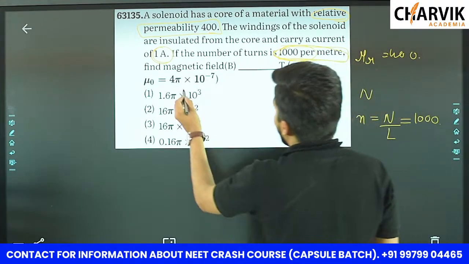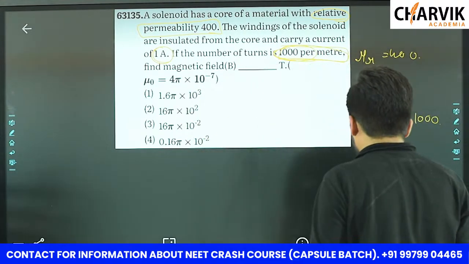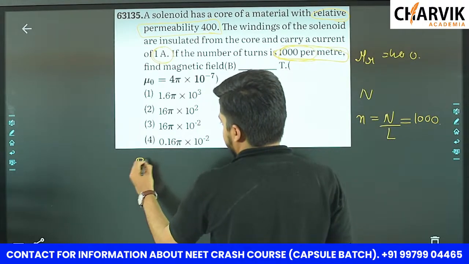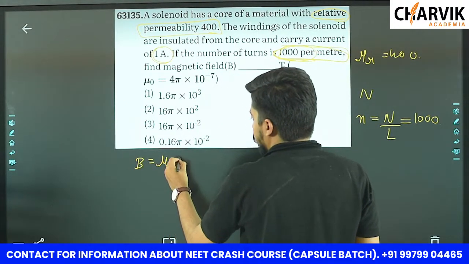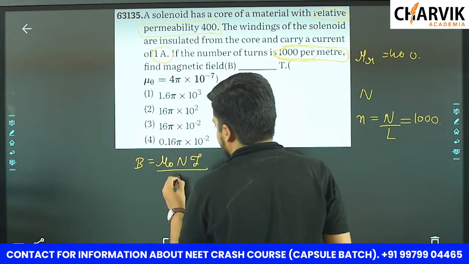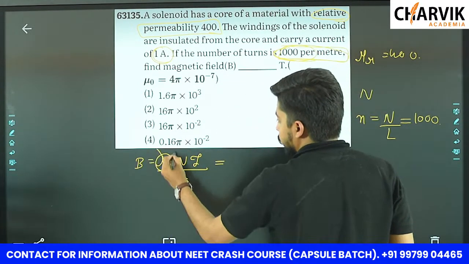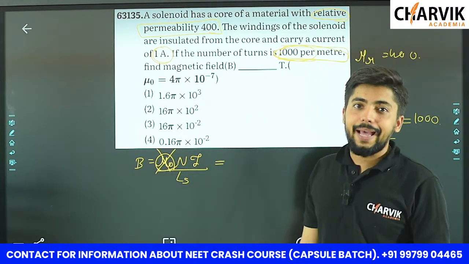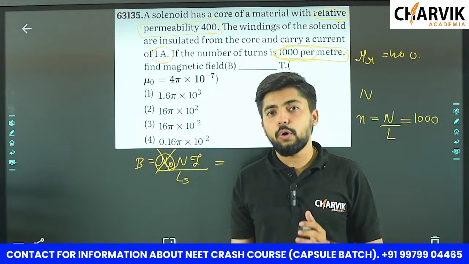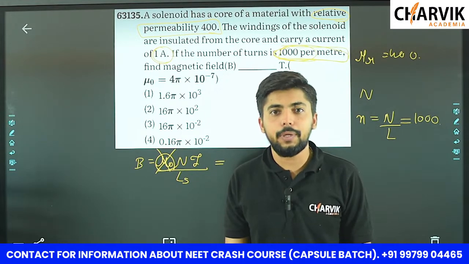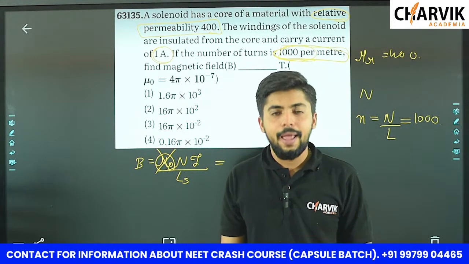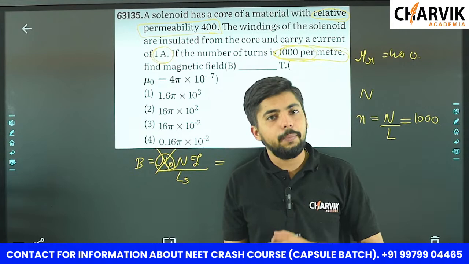And find the magnetic field. The formula for the solenoid is B equals mu naught into total turns into current divided by length of the solenoid. What is the value of mu naught? Here we shouldn't use the value of mu naught, as there is some other material at the core of the solenoid. You should be using the permeability of that particular material. And how do you get the permeability of that material?